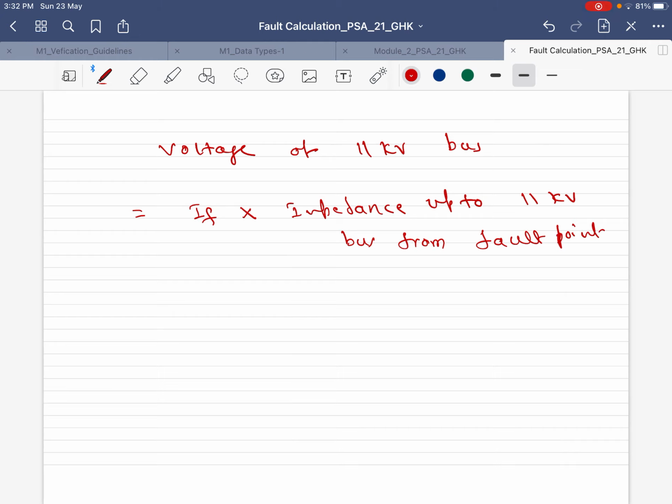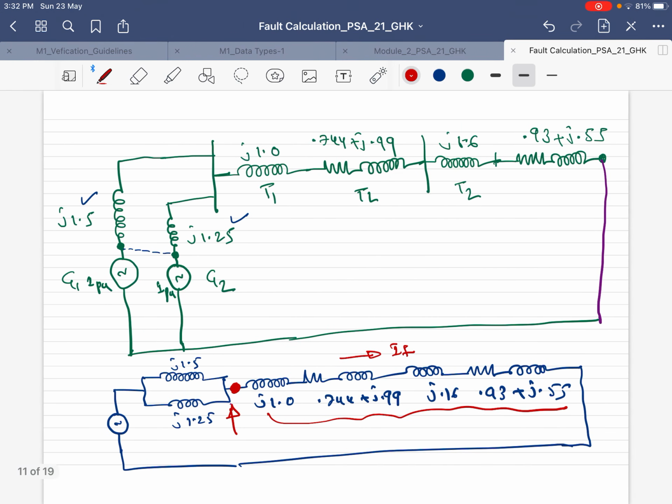So you have to find that out, with IF calculated as 0.196 at an angle of minus 70.8, and the impedance up to the fault point.